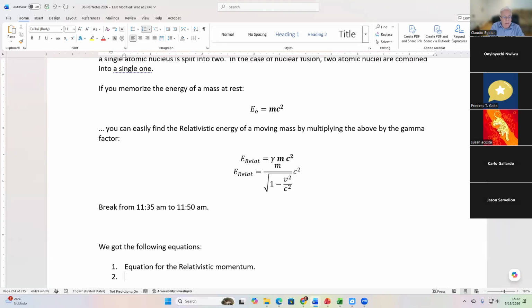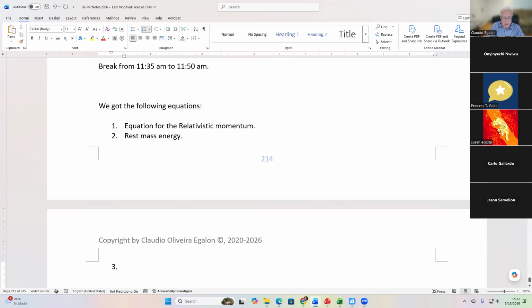We got rest mass energy. We got the equation for the relativistic energy, not at rest, for a moving mass. That's what we got.